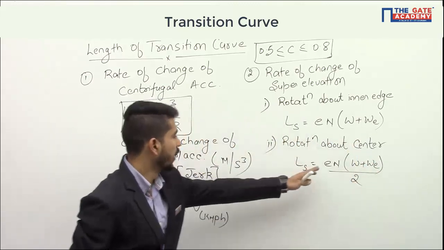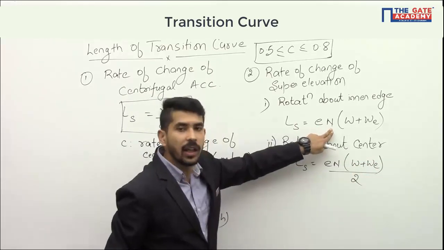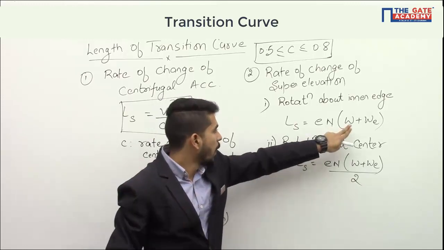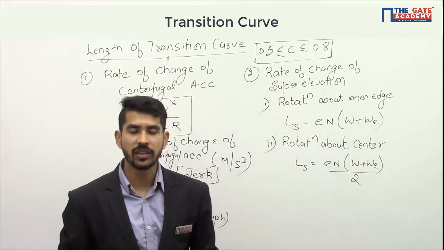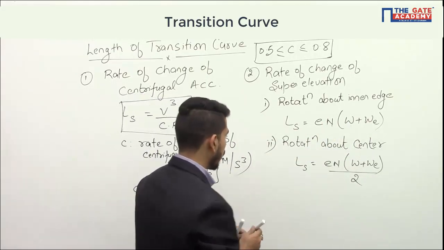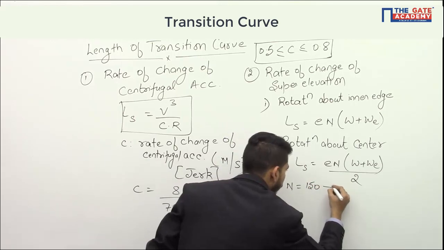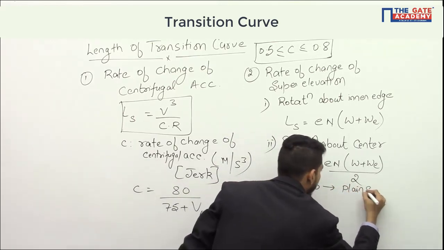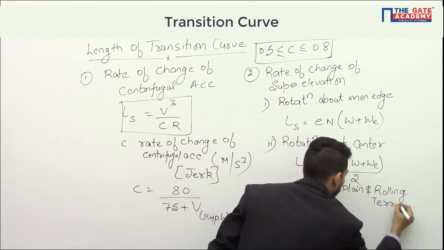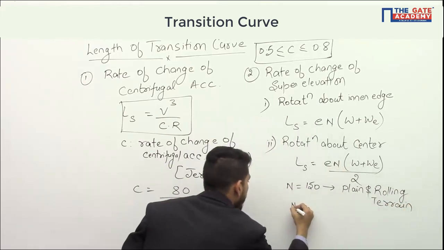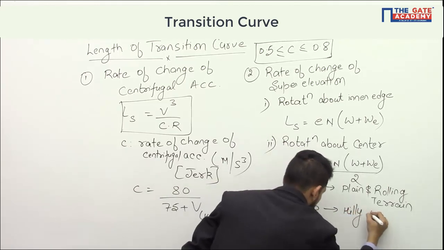Here E is the super elevation, capital N is the rate of change of super elevation, W is the width of the pavement, WE is the extra widening which is provided on the circular track, right? Now, this value of capital N is equal to 150 for plain and rolling terrain, and this N is equal to 60 for hilly areas.